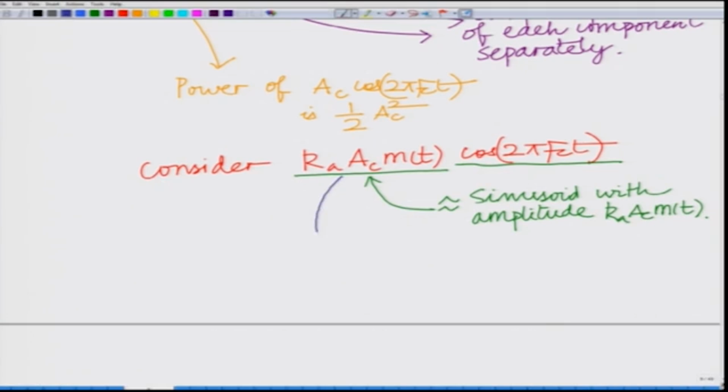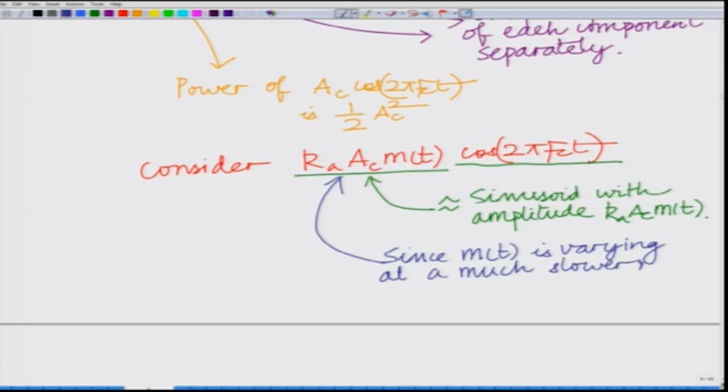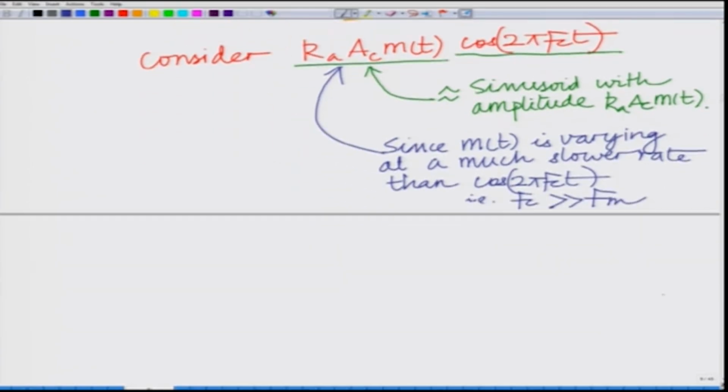Since this is not always true, this approximation is valid since m(t) is varying at a much lower rate than cosine 2 pi f_c t, that is your f_c is much greater than f_m, that we already know. The carrier frequency is much greater than the message frequency.